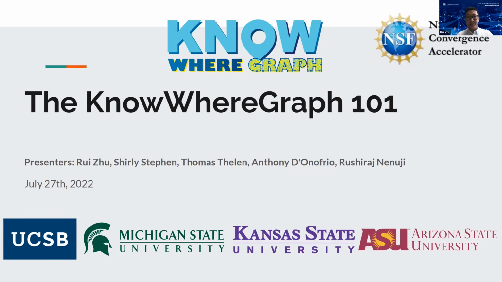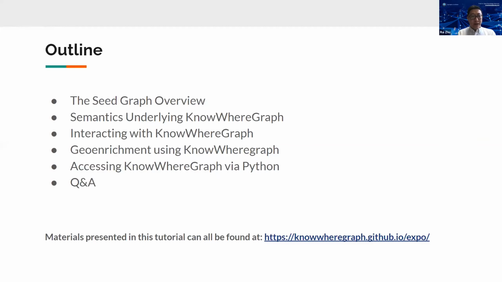Next slide, please. Here is an outline of what you can expect from today's 101 session. First, I'm going to give you an overview of our seed graph, which is the backbone of all the tools that will be introduced later. After that, my colleague Charlie will introduce the semantics underlying the KnowWhereGraph, meaning the ontologies developed in our project.